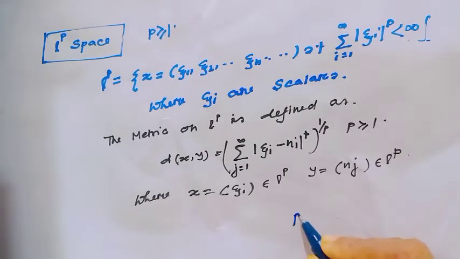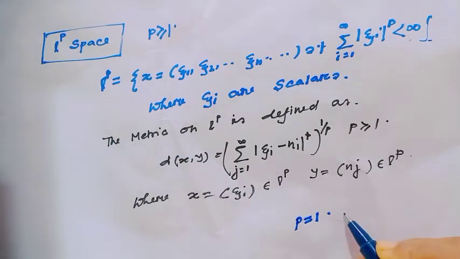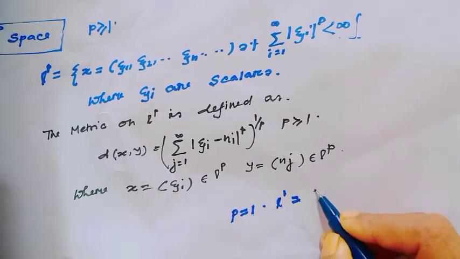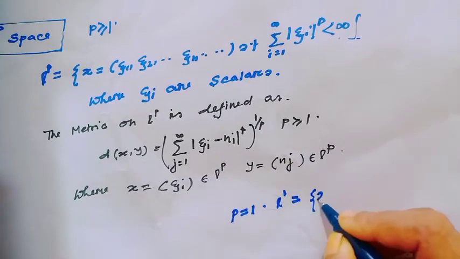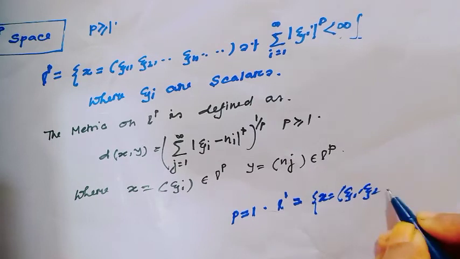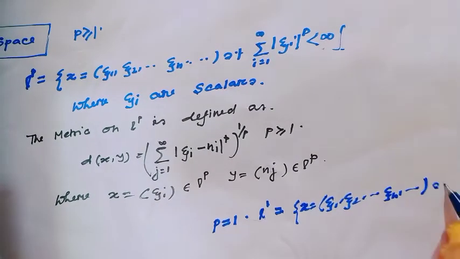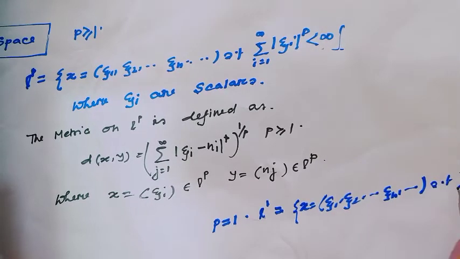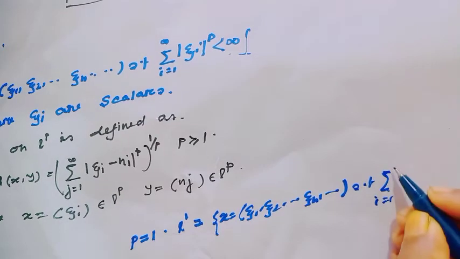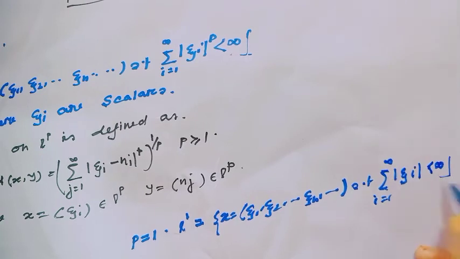That means when p equal to 1, this space would be l1, and l1 means the set of those sequences xi_1, xi_2, up to xi_n, such that the series of absolute values is convergent.